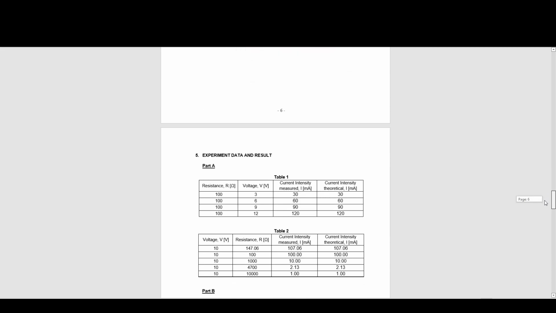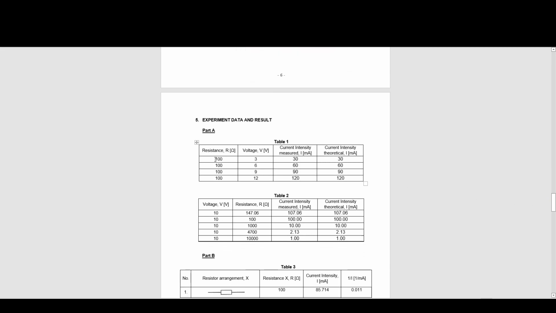Let's take the very first one as an example, 3 volts and 100 ohm for the resistance. We measure the current intensity using the ammeter, and we also calculate the current intensity theoretically using the Ohm's law equation, which is V = IR.